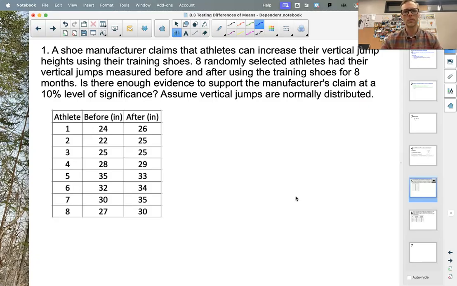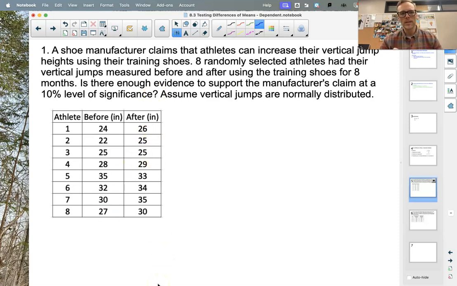I don't know if people are still using them, but these special training shoes were supposed to increase an athlete's vertical. So 8 randomly selected athletes had their vertical jumps measured before using these training shoes, we'll call them jump soles today. Before using the jump soles, then they do the training, and then after.